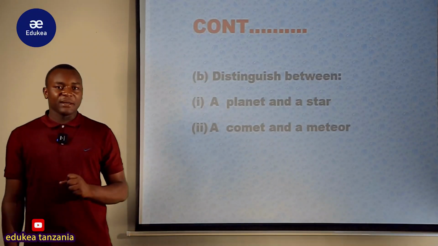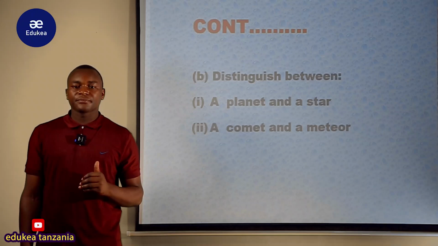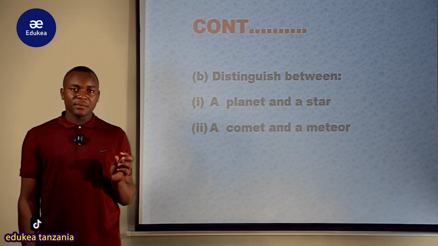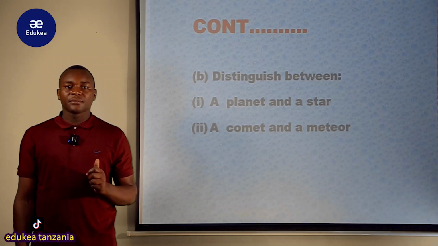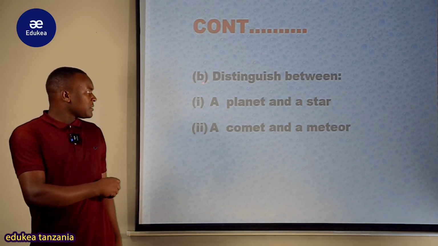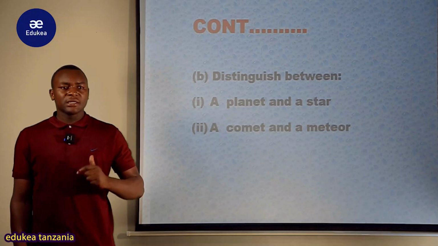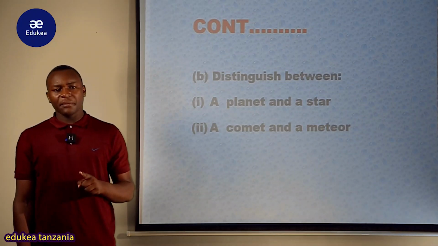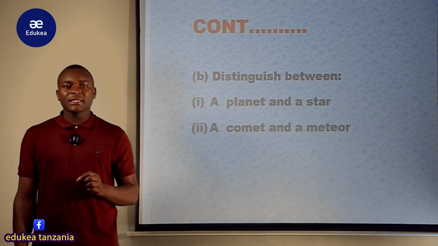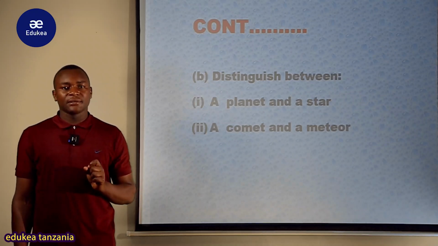After that, we have part B of the question. In part B, the question has two Romans, Roman number 1 and Roman number 2. The question states: distinguish between a planet and a star.